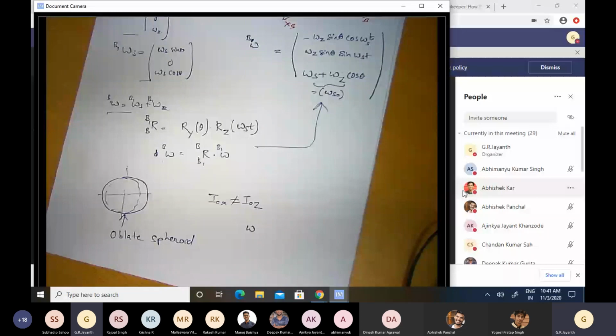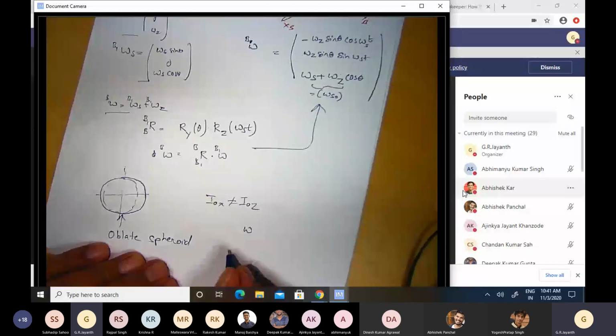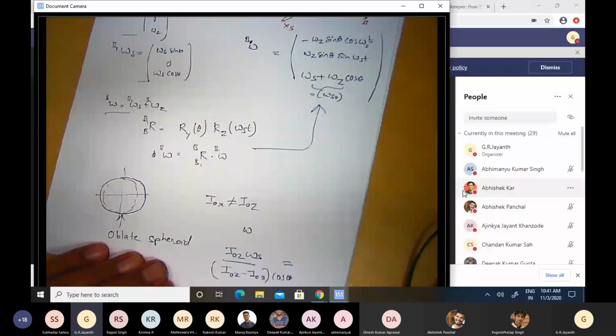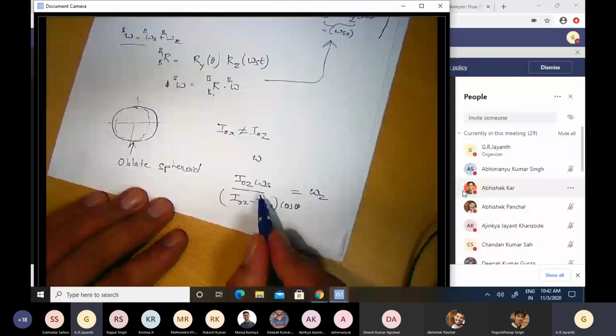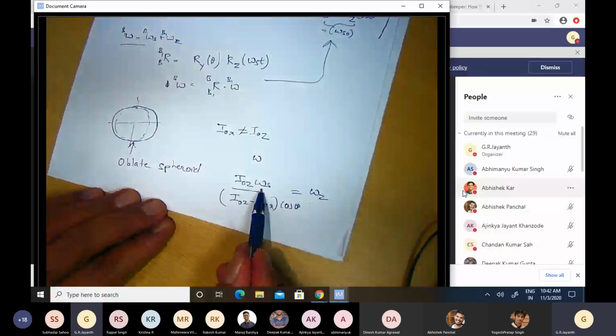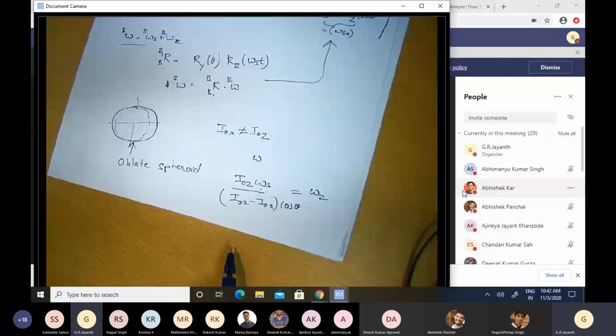We wrote down that I0z omega s by I0z minus I0x times cos theta was equal to omega z. This is the wobble frequency. This is spin frequency. As people attached to Earth, we are going to be seeing the spin frequency. Of course, we'll be seeing omega s naught also, but omega s naught and omega s are not very different from one another.